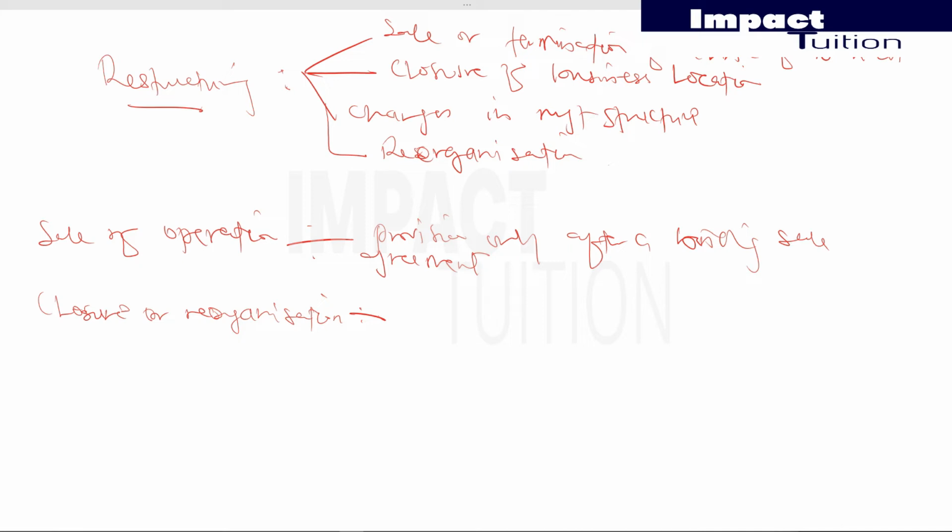You can be given a very short scenario with some of them being sale or termination, closure, changes in the management structure, reorganization. If it is a sale of operation, you can only make a provision after a binding sale contract. So from what you have been given, is there a binding sale contract? If no, then no provision should be made. But if there is a binding sale contract, then you should make a provision.